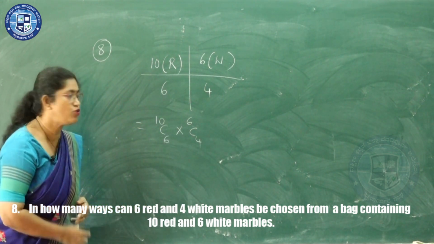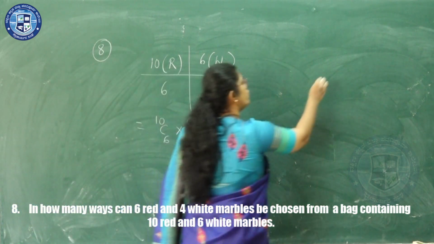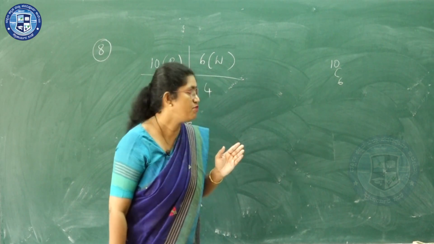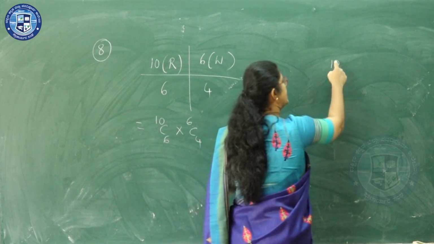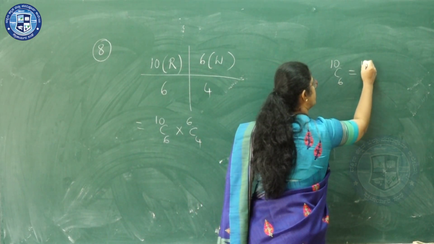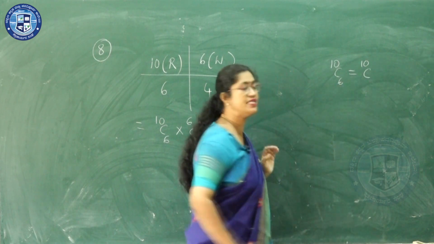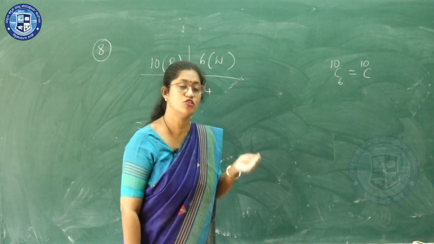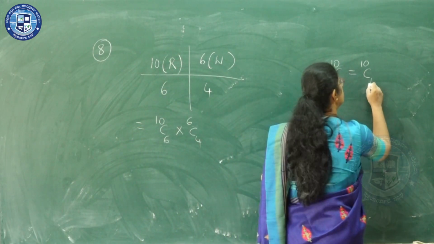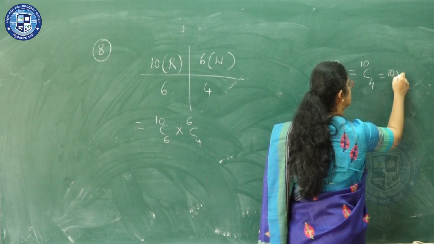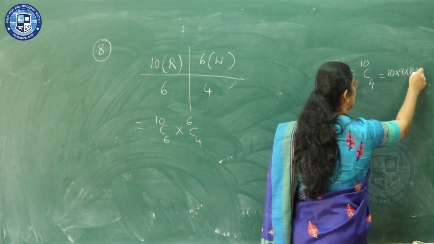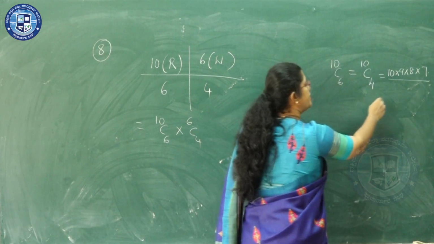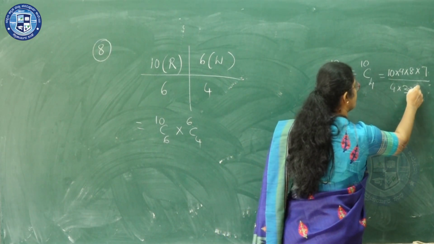Now we need to calculate 10C6. To calculate 10C6, you can use that method or the formula. 10C6 is equivalent to 10C, 10 minus 6. 10 minus 6 is 4, 4 is smaller than 6, so less calculation. 10C4, and 10C4 is 10 into 9 into 8 into 7, starting from 10, 4 factors divided by 4 factorial.